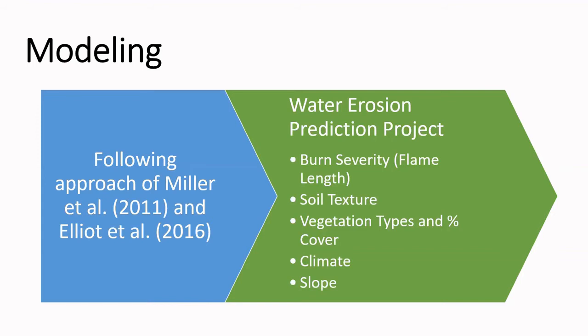We found a couple of papers that had looked at potential erosion after potential fire across large landscapes, so we followed the approach of those two papers with some modifications.